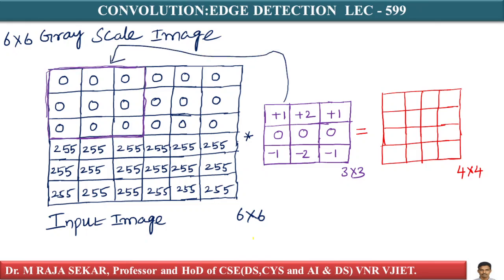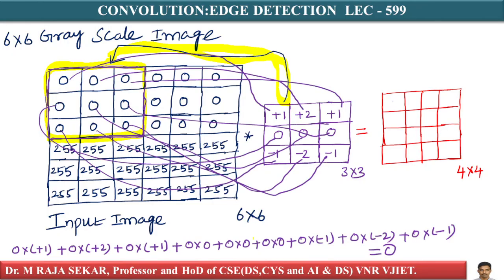First I will place this 3 by 3 matrix on the input image matrix. Here I have values of 0, isn't it? Just observe what I am doing here. I am multiplying corresponding elements. The first element is 0 in the 6 by 6 and the first element is plus 1 in the 3 by 3. I am multiplying these corresponding elements.